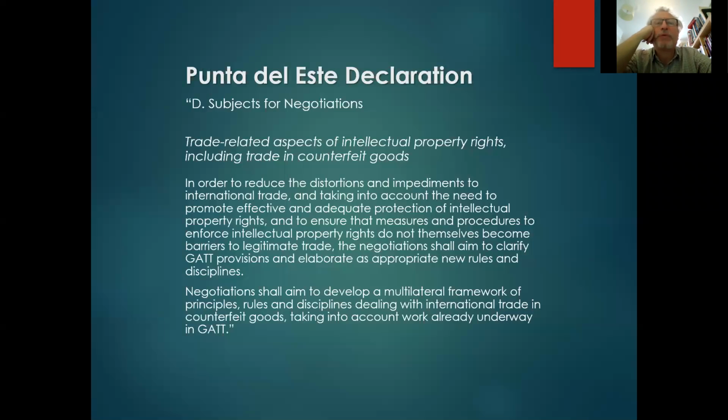A multilateral framework of principles, rules, and disciplines dealing with trade in counterfeit goods. Now, if you read that, you might think that, well, this sounds like it's pretty much just about trademarks, right? Because counterfeiting is normally used in the context of trademarks.